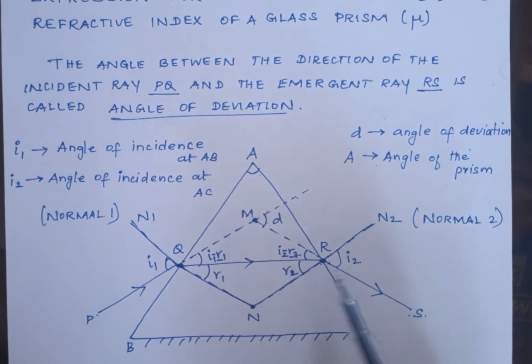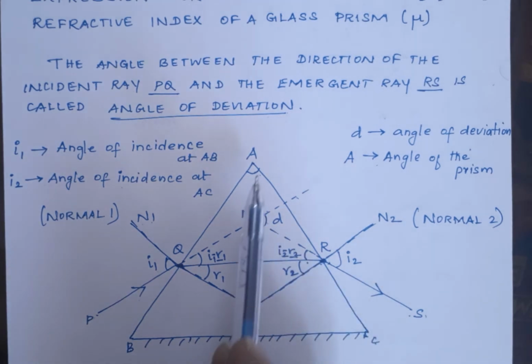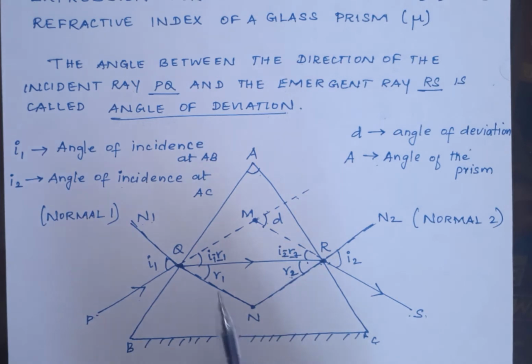The ray entering from glass medium to air medium again suffers refraction. The ray gets refracted through RS. Now we are considering RS as the incident ray for AC. So I2 is the angle of incidence, for which R2 is the angle of refraction. So here I1, I2 are the angles of incidence for the faces AB and AC respectively, and R1 and R2 are the two angles of refraction for the sides AB and AC, as shown in this diagram.